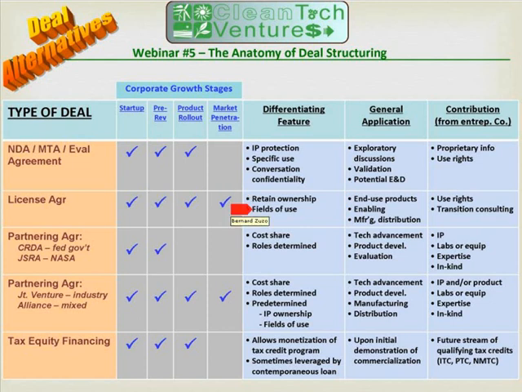So are you going to give somebody all rights to all markets, limited rights to certain markets? Is it going to be for a fixed period of time, or are there other constraints or limitations upon the right to commercialize or exploit that innovation in a particular marketplace?